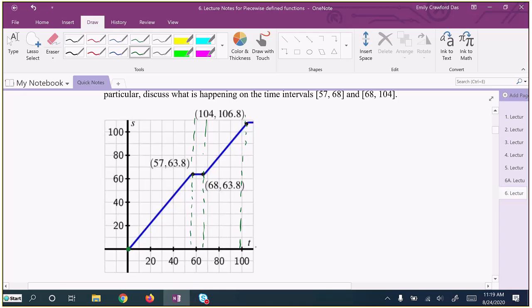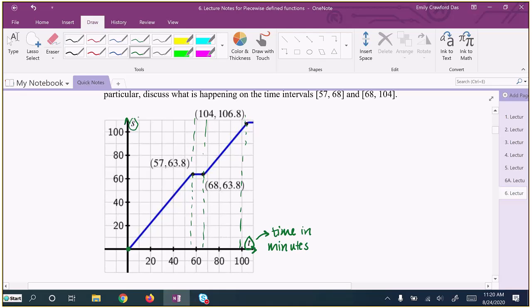I also see that the axes are labeled T and S. So the problem told me that T stands for time, it's measured in minutes, and it's how many minutes we've been driving away from the town.